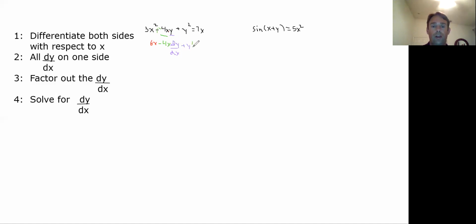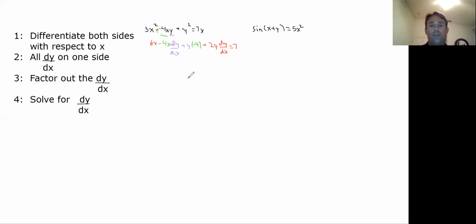And this is where a lot of people forget to bring the negative in. They make it a positive 4. Very, very careful with that, friends. All right, so plus 2y dy dx equals 7.